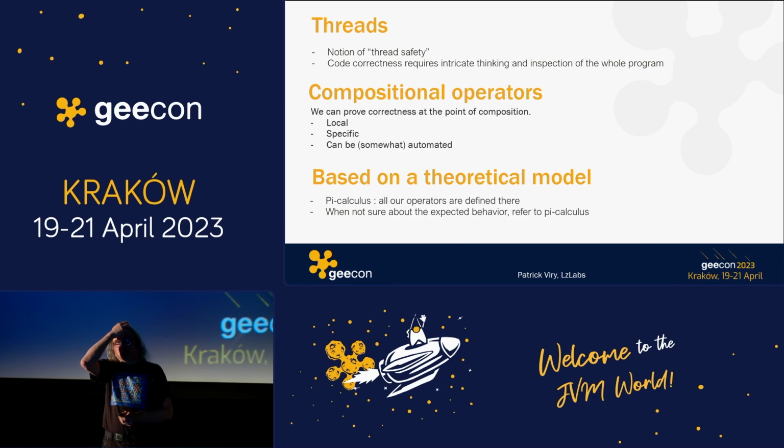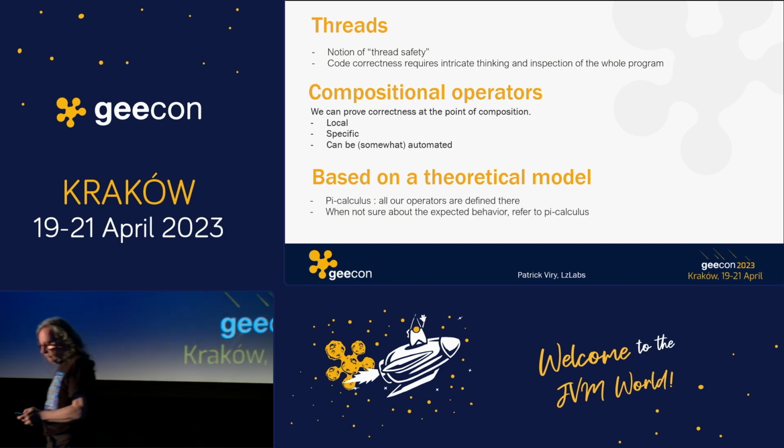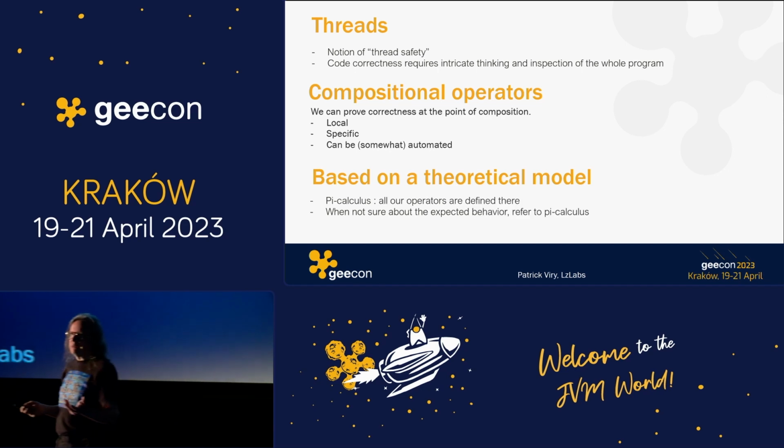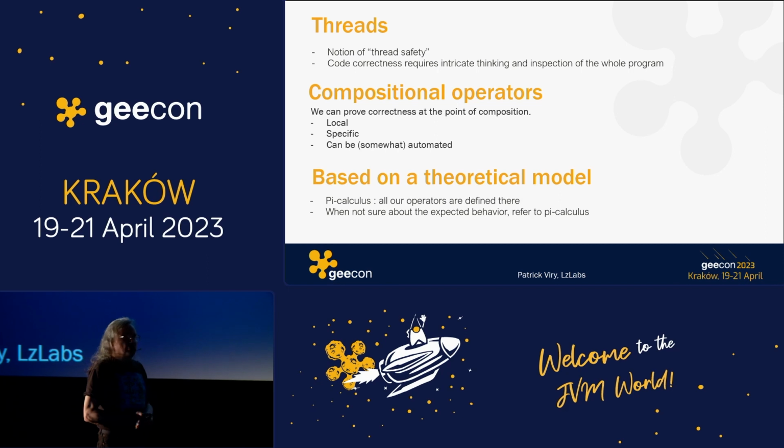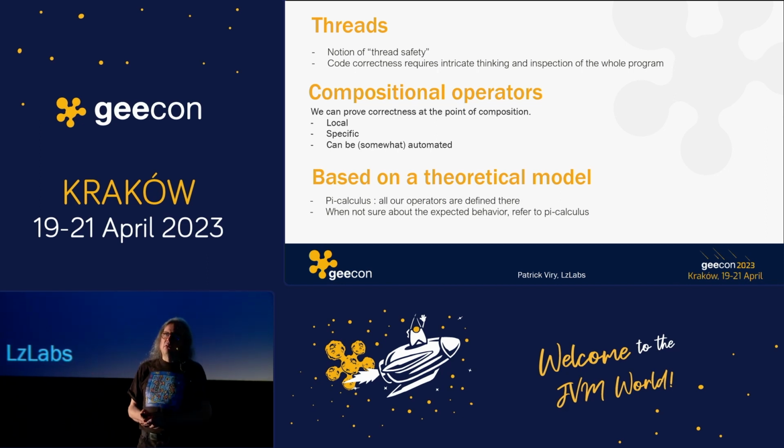So an important question about parallel programs is correctness. As soon as things run in parallel, it's terribly easy to make mistakes, and it's terribly difficult to debug them. When you code using threads, you have this notion of thread safety.